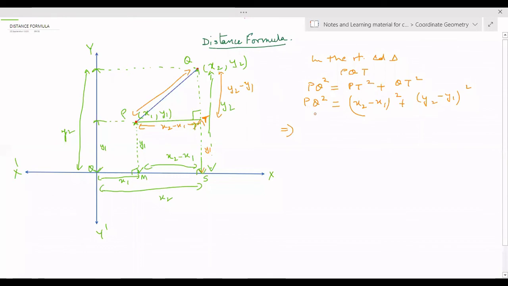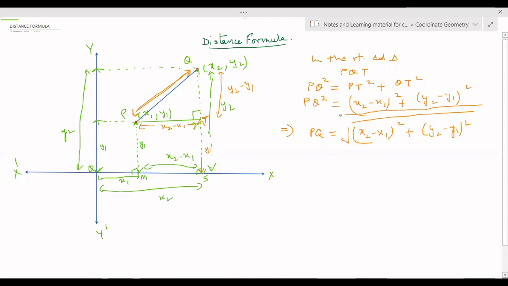I have this PQ squared value, but we want the distance between P and Q. So I have the distance PQ as the root value of x2 minus x1 to the whole square plus y2 minus y1 to the whole square.